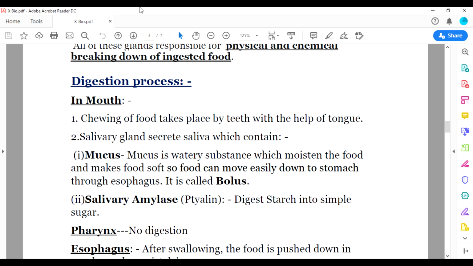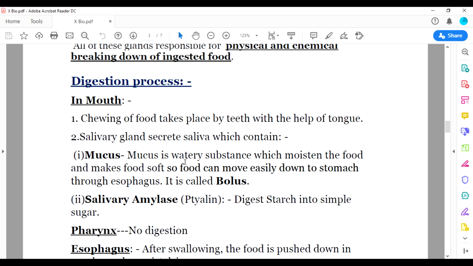Ptyalin converts starch into simple sugar. You might have noticed when you start chewing chapatis or bread, there is no taste, but after some time it starts giving a sweet taste. What is the reason? The reason behind it is the conversion of starch into simple sugar by the enzyme amylase.